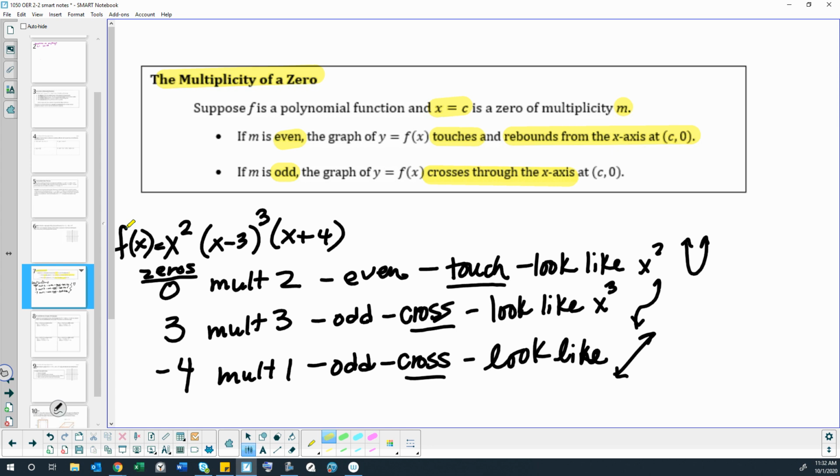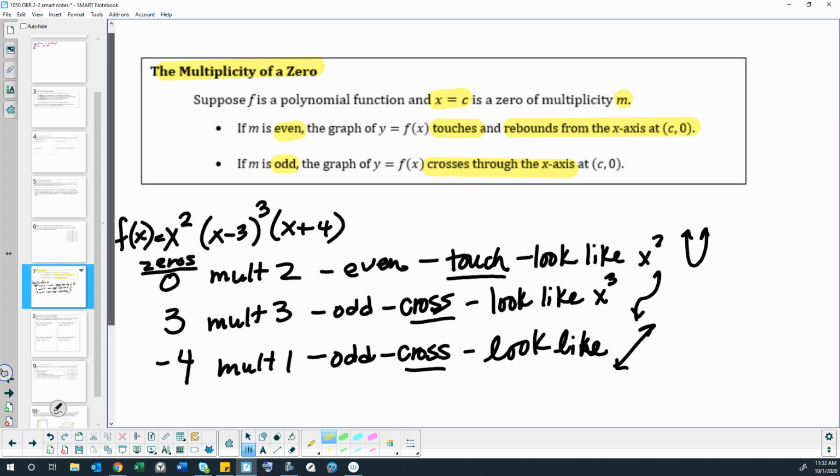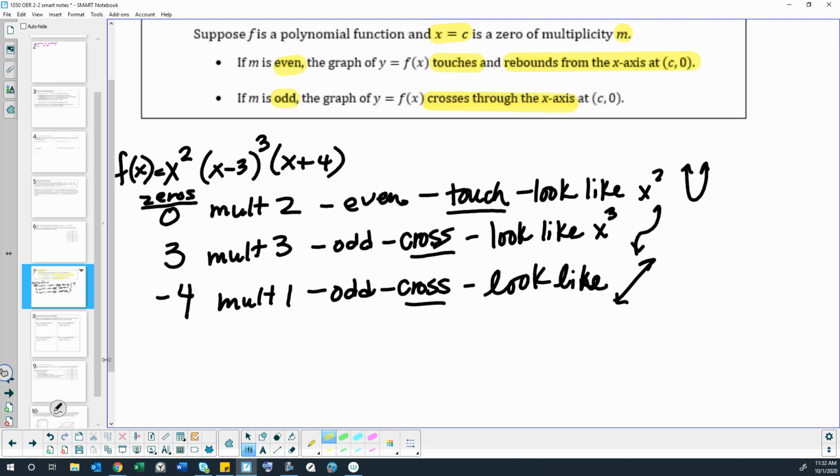This one's going to cross the graph and look just linear at that point because it's multiplicity 1. So altogether, let's talk about the degree of this problem. This would be degree 2, 3, 6. Degree 6, right? So x squared, x cubed, x. So multiply those together, we have degree 6, which means since its leading coefficient is positive, the ends go up.